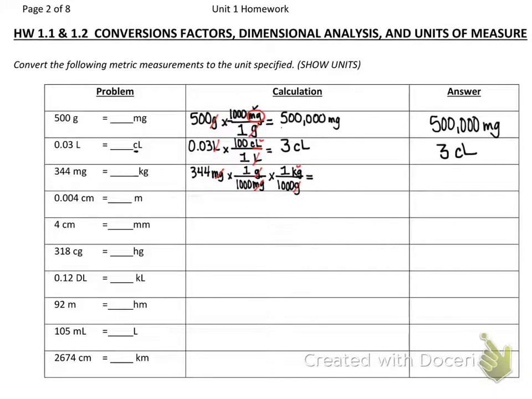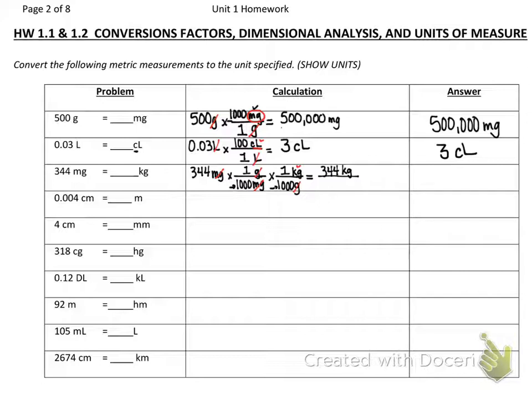Okay. And since I'm multiplying fractions, remember, you're going to multiply your numerator times your numerator times your numerator, and then you're going to multiply your denominators times each other. So I'm going to do this in a bit of a longer step so you can make sure you understand. So I have 344 times 1 times 1. I'm still going to have 344 kilograms because that's my unit.